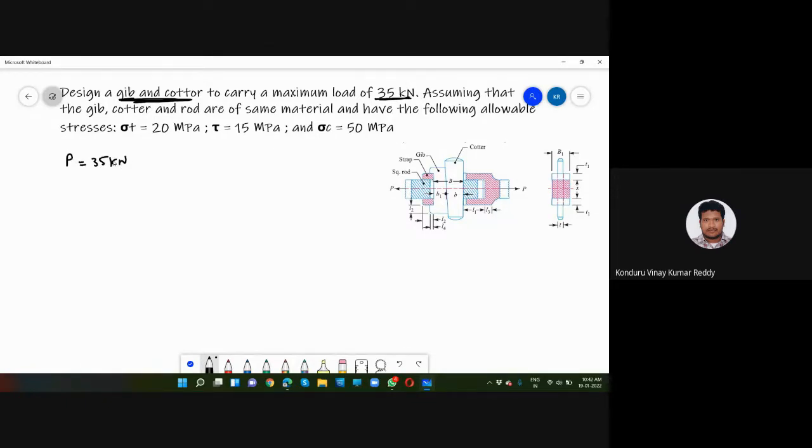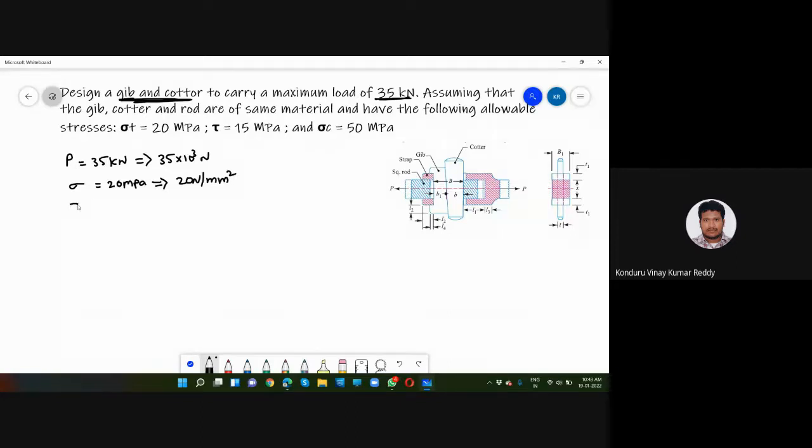P is nothing but load, which is 35 into 10 to the power of 3 newtons. And also it was given that normal stress is 20 megapascal, which is 20 newton per millimeter square.